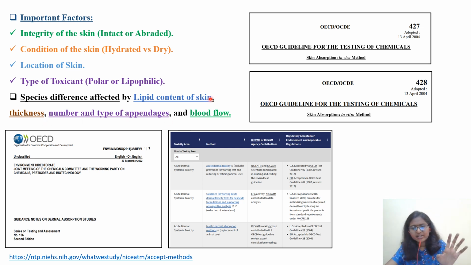Why am I explaining this so repetitively? It is to show how the pig is more favorable compared to rat, rabbit or dog. It is the most selective species to understand dermal absorption, because the structure of the skin in the pig, guinea pig, or monkey is similar to that of humans.